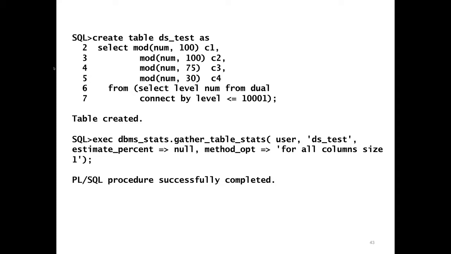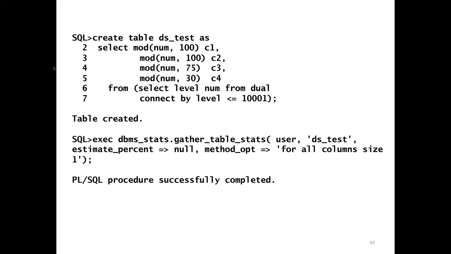Now what I want you to notice about this table in the creation is on lines 2 and 3 of the create statement, I'm creating 2 columns, C1 and C2. These columns are created identically. What that means is that they will both contain exactly the same information. It would be the same thing as if I had a department table and I had department number and department num, two different columns, but they had the same thing in them.